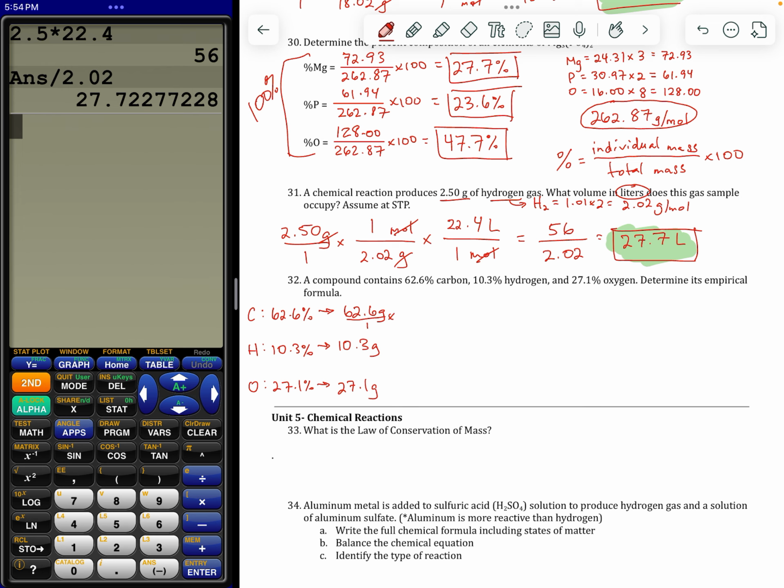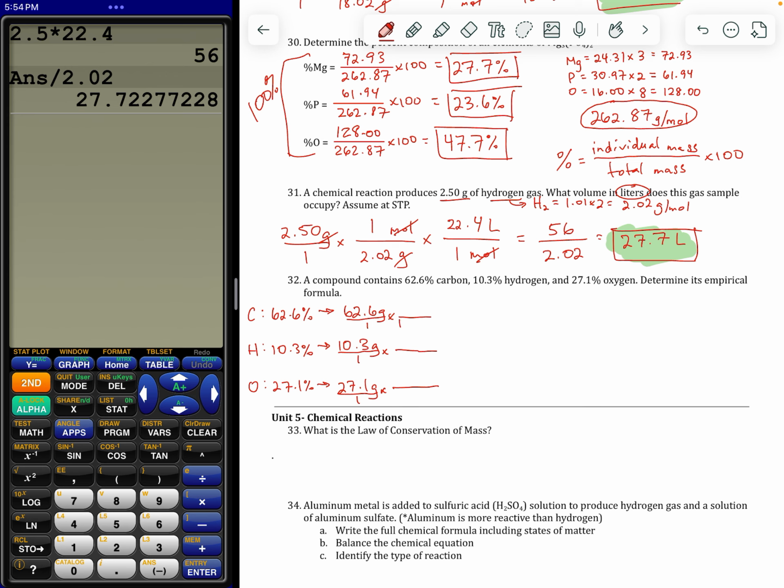So I'm going to be using the molar mass of each of these elements. Now, these are each of these elements individually. So just because it's hydrogen, I'm not going to say H2, just because we don't know how many. We're dealing with the element by itself, all alone.